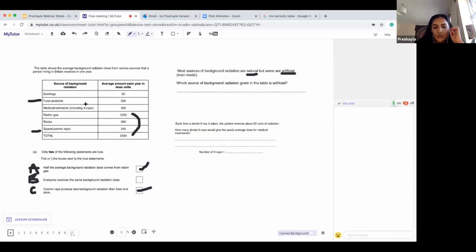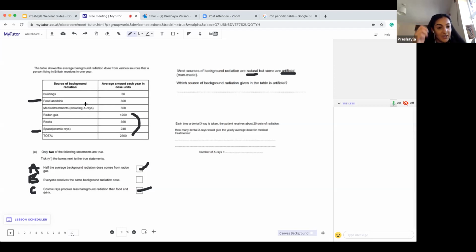Which source is artificial and which sources are natural? What do we think?